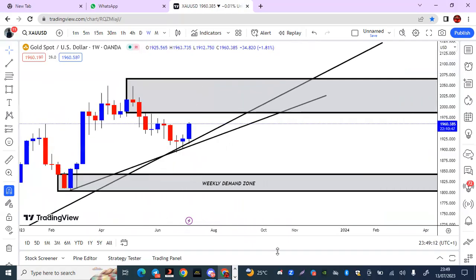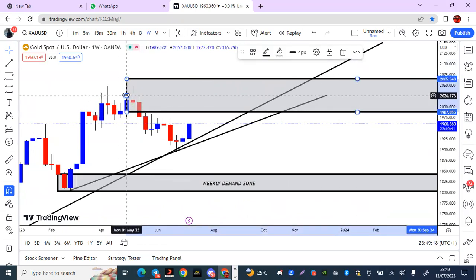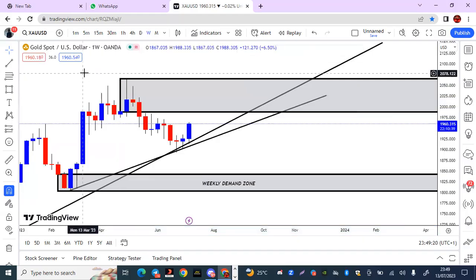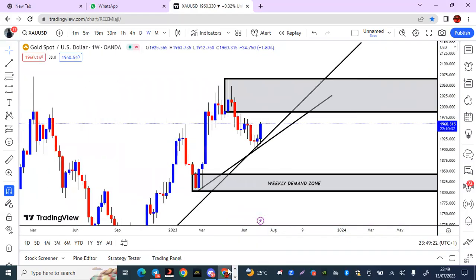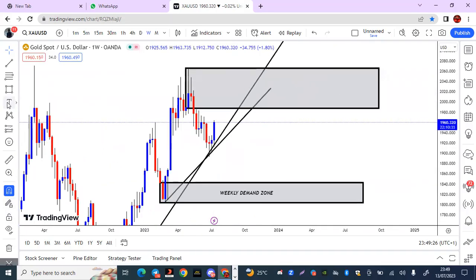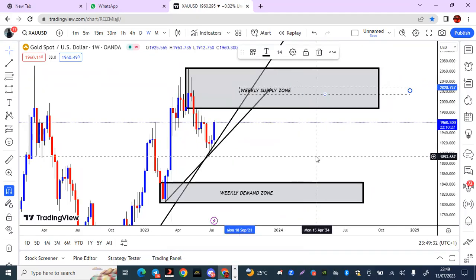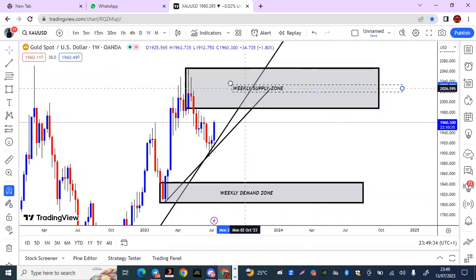That's why I'm covering just the body of this particular candle here. So now this is the weekly supply zone. Let me tag that: this is the weekly supply zone.